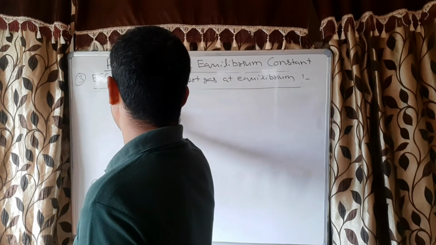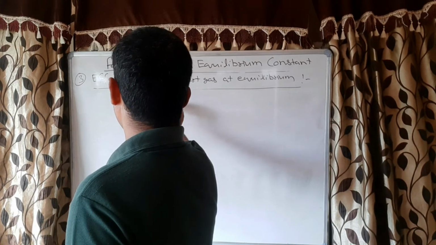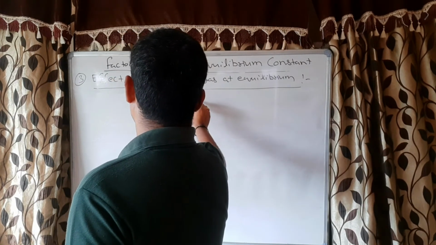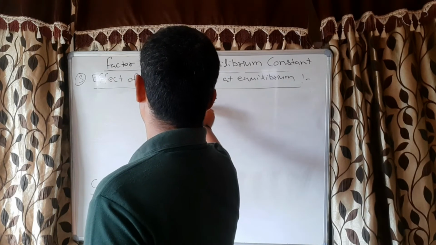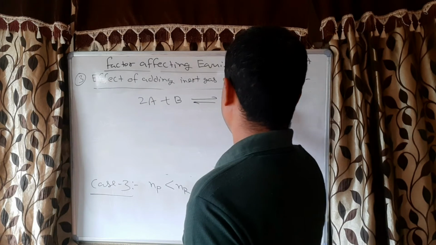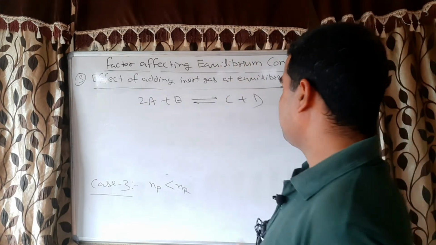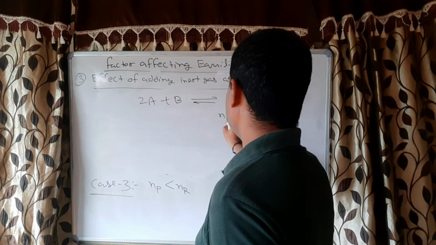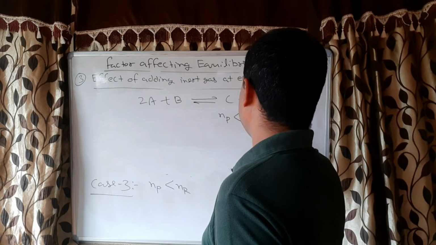Let us consider this example, 2A plus B, that will form C plus D, correct? Now here you can see NP is lesser than NR.